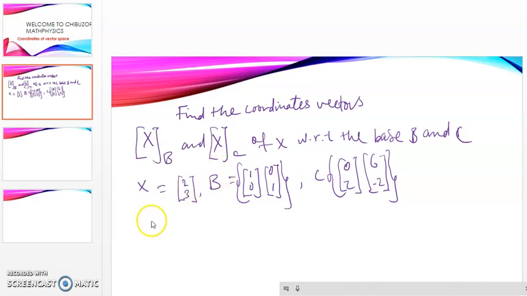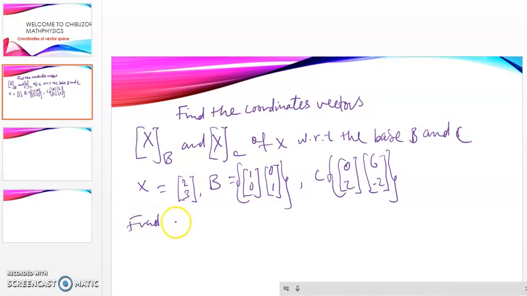So the very first thing we have to do here is to find C1 and C2 such that C1 times the first basis vector plus C2 times the second equals X. There are many ways we can get solutions to this problem, but let's use this.